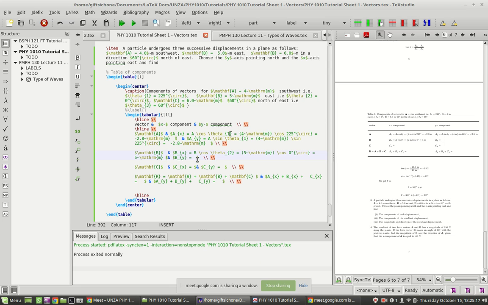Next, how do we work out BY? The magnitude of B sine the angle it makes.